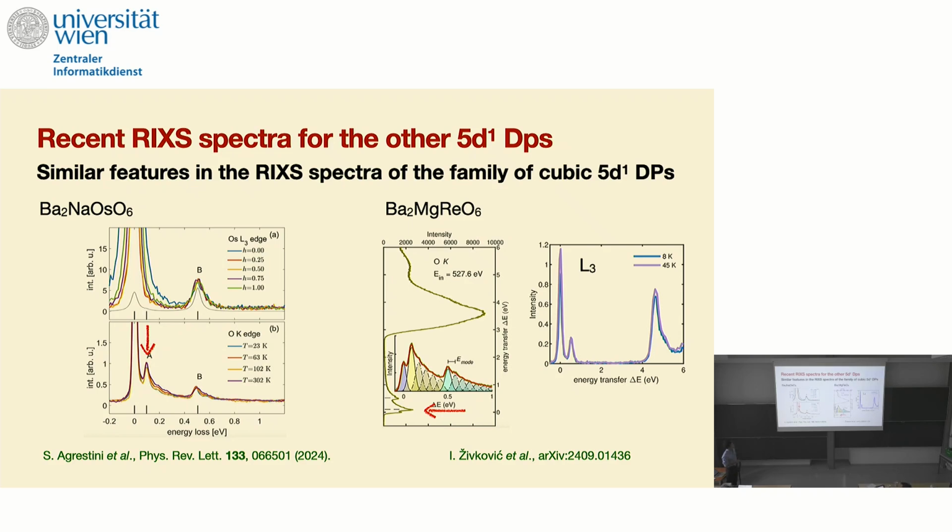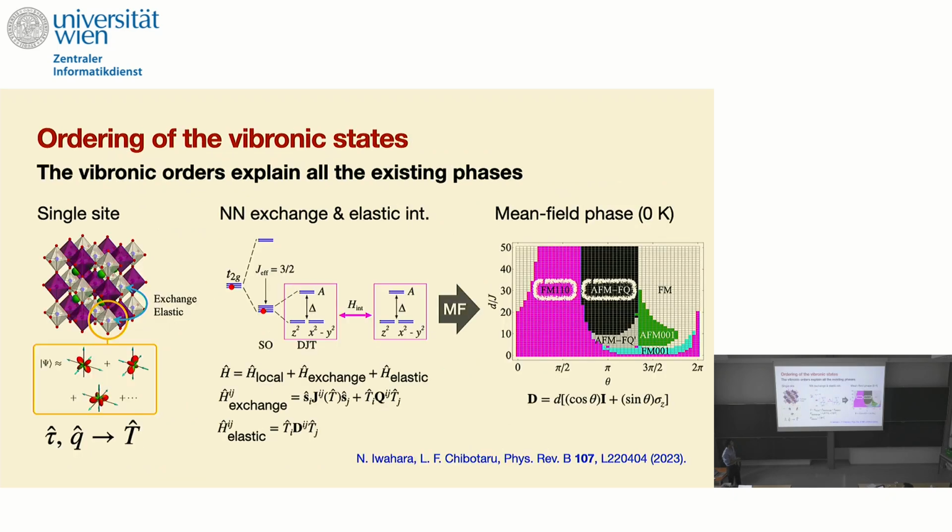And this is an experiment by Ibiza, and here they can see a similar peak, and they also show the L3 edge doesn't change with respect to temperature. So, the RIXS spectra in the family of 5d compounds show there must be a dynamic Jahn-Teller effect.